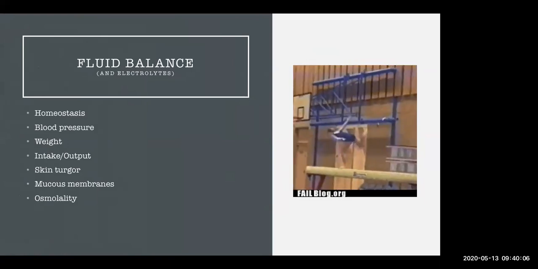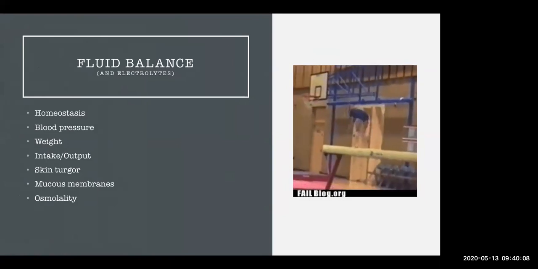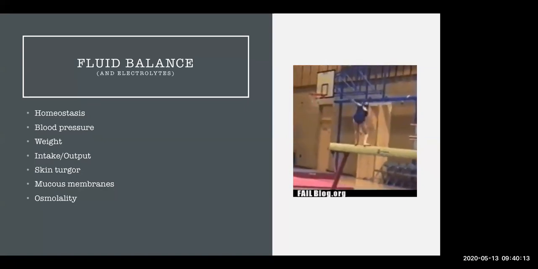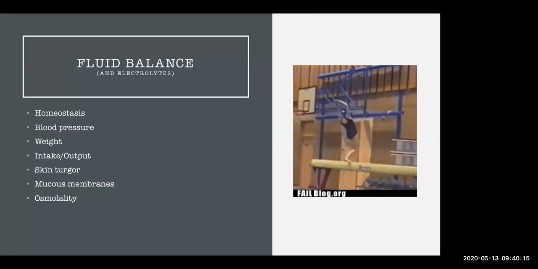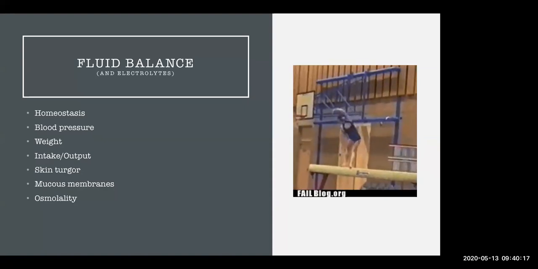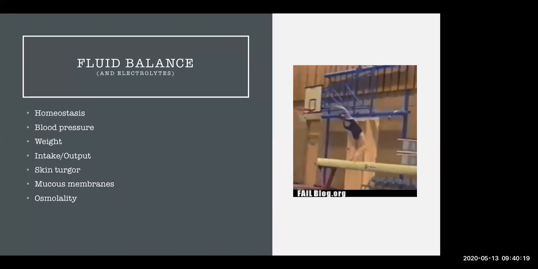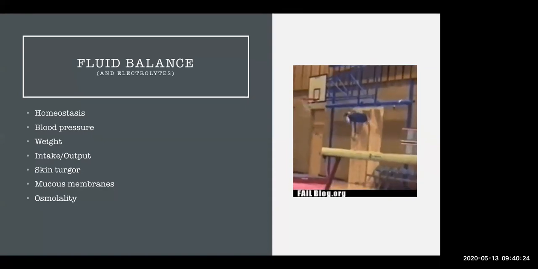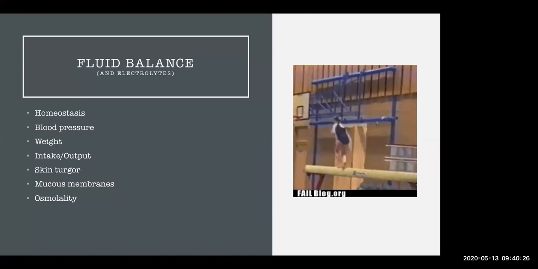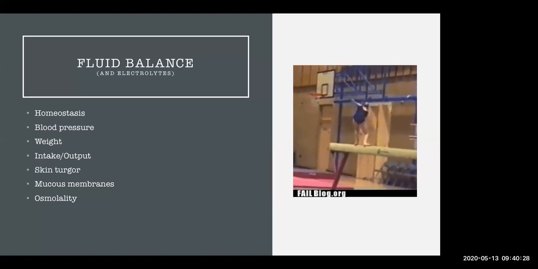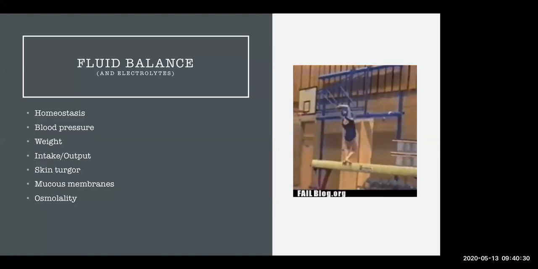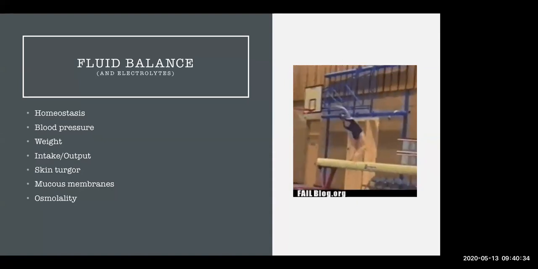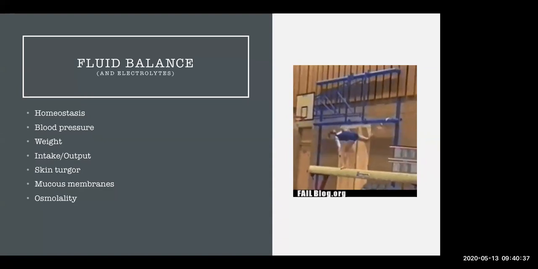So we're constantly having shifting of fluid. A really good way to quickly determine what someone's fluid balance is, it's non-invasive, would be blood pressure. It's quick, it's non-invasive, it can give you a good idea of what someone's fluid balance is, whether they're high or whether they're low, because we learned that excessive fluid volume can increase blood pressure, and inadequate fluid volume can decrease blood pressure.